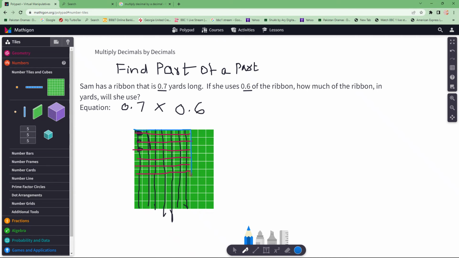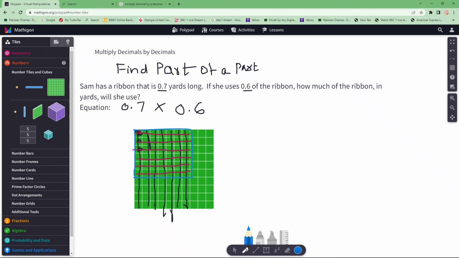Because she is not going to use all of the 7/10, she's using just 6/10 of the whole 7/10 yard. So now when I go here, I have 7, right, and the 6. So 7/10 going across, and I have a 6.